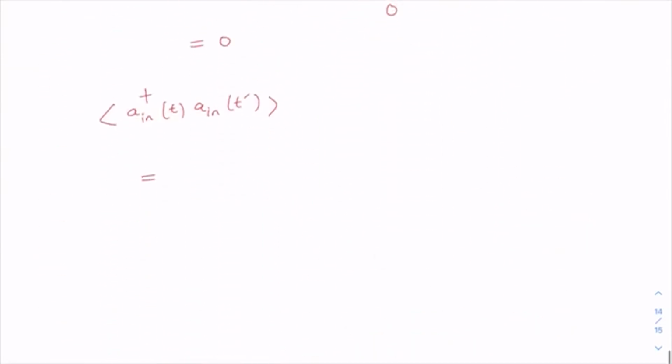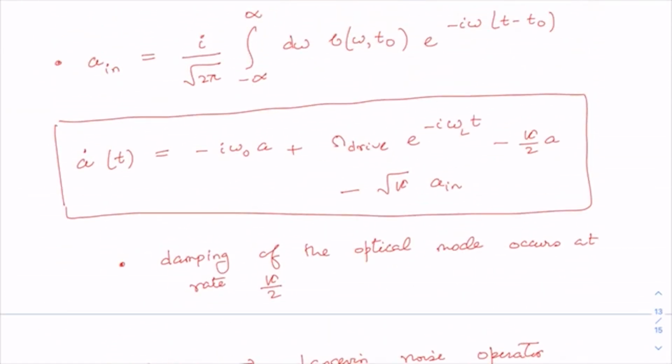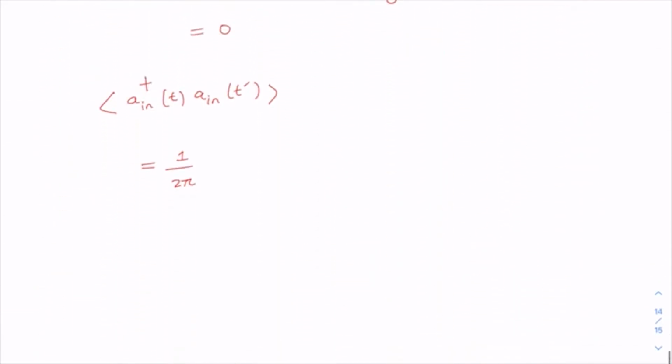I have 1 by 2 pi: there are two a in, so a square root of 2 pi is there from one term and another square root of 2 pi for the other term, and in one case we are taking a in dagger, so minus i into i will give us plus 1.